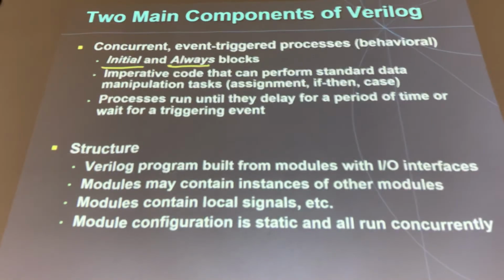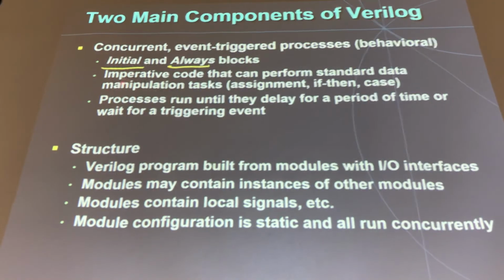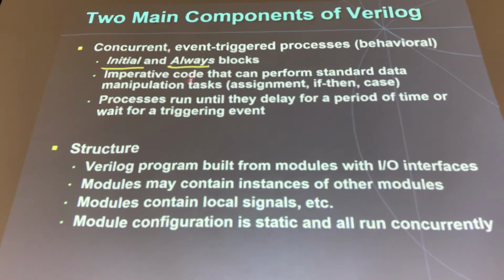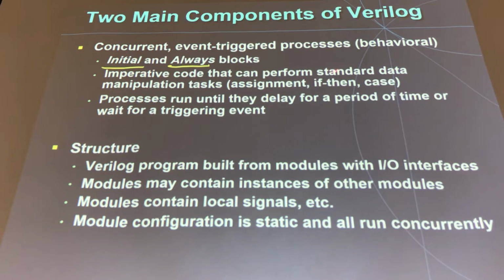In each initial or always block, there's imperative code that can perform standard data manipulation tasks. For example, you can say that A equals A or B, something like that.